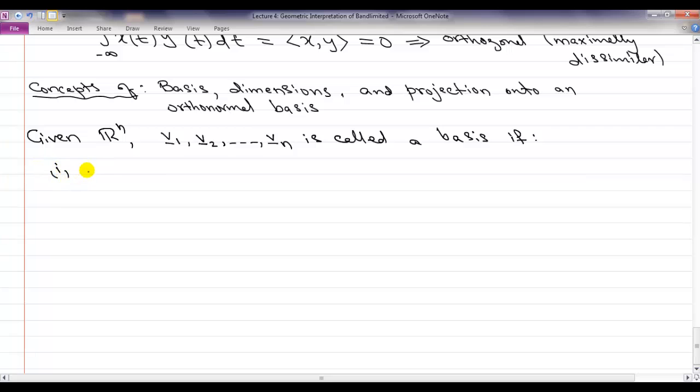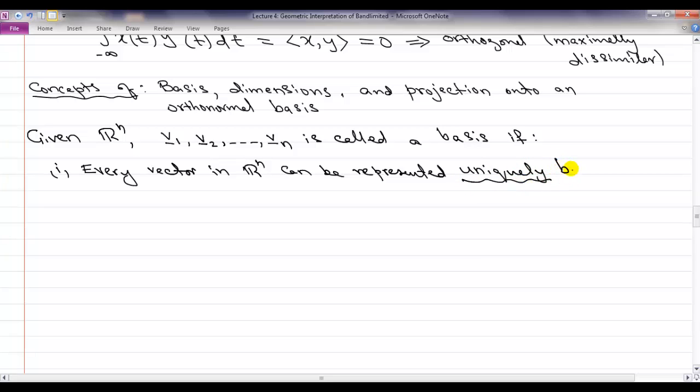Number one is every vector in Rn can be represented uniquely, and that is the key, by a linear combination of v1 up to vn.